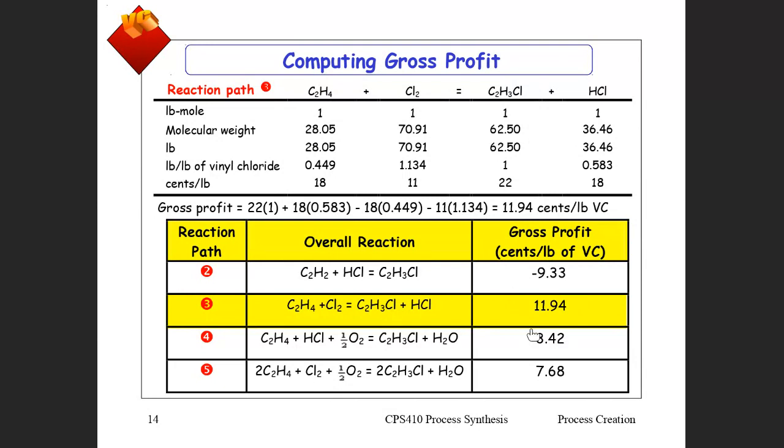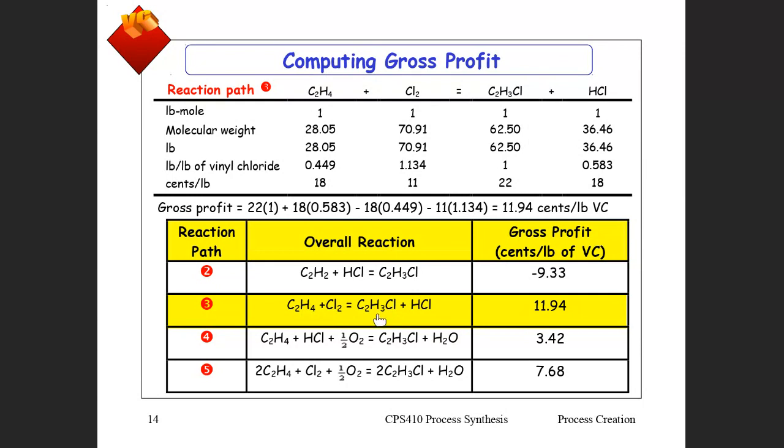And then you can see that these two are a long way behind the profitability of this reaction. So it gives you a really good indication that this reaction was easy enough to do.